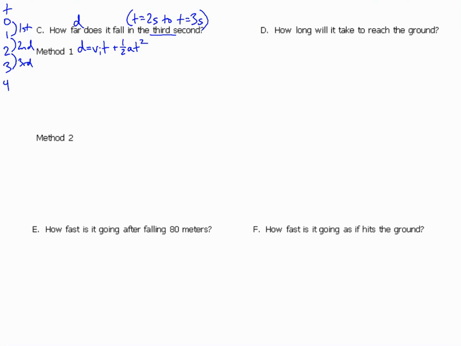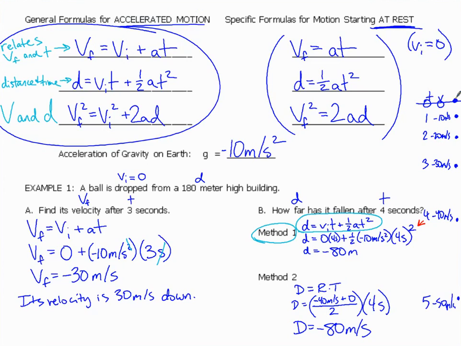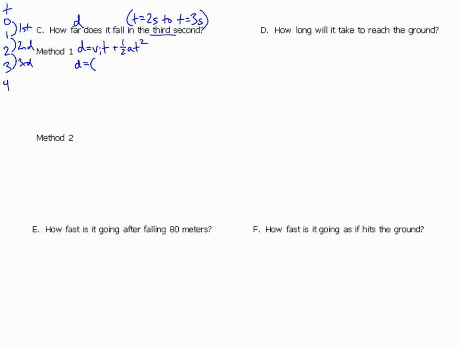And plugging in our numbers. So distance equals the initial velocity. So we're still talking about the same dropped object. So 0 at 1 second is negative 10, at 2 seconds it's negative 20. So our initial velocity here is negative 20 meters per second.